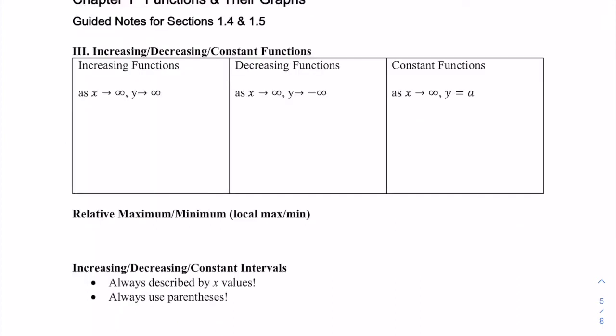To determine what kind of function we have, we actually first can describe it as increasing, decreasing, or constant. Now, an increasing function could be a linear function with a positive slope. It could be a cubic function. But you can notice as you continue to the right or towards positive infinity on the x, the y values also increase towards positive infinity.